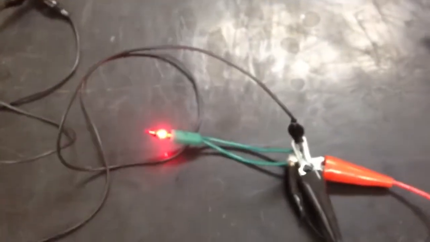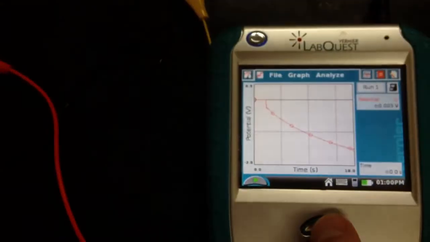Now, let's watch what happens to the potential of the bulb whenever I close the switch. So, note the shape of the graph, and now I'm going to close the switch. I'm going to hit record one more time, discard, and now I close the switch.